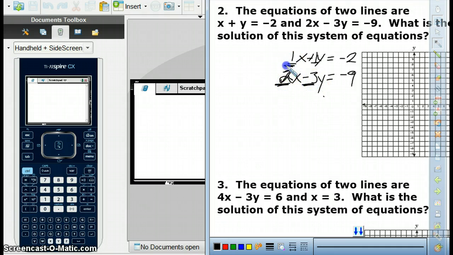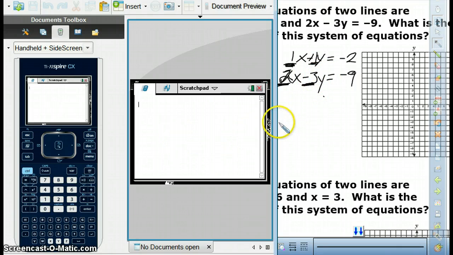We're going to use just the numbers, and we're going to make something called a matrix. Matrices are used mostly in Algebra 2, but when you get big systems, they can help you to find the solutions. We're going to use something called the inverse property of matrices. I know that all sounds kind of scary, but trust me, let's go put these into your calculator.